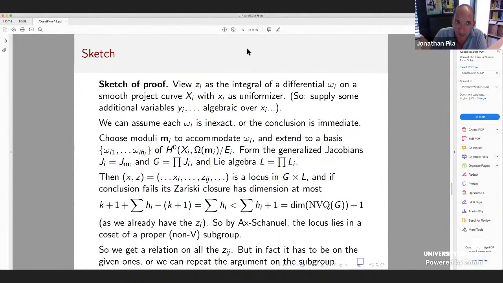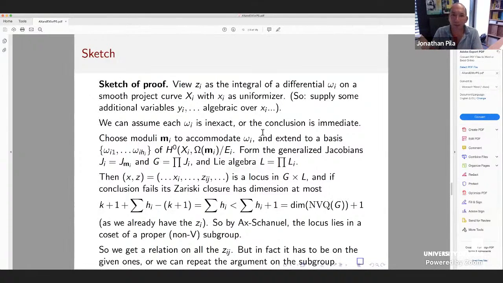So then you choose some moduli on each curve so that the omega I is a meromorphic differential to that modulus, and you extend to a basis of the linear space of differentials on the curve xi to the modulus mi modulo exact things. So if you like, we'll just take a basis of the inexact things. And then there'll finally be some exact differentials that can, well, I see I'm missing a bracket. It should be around there.